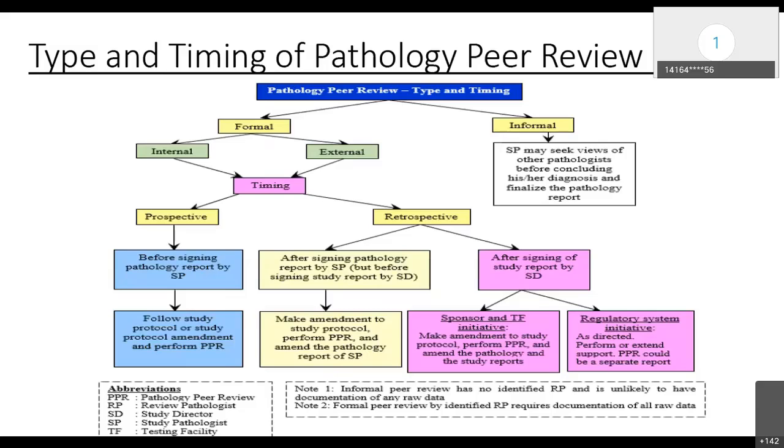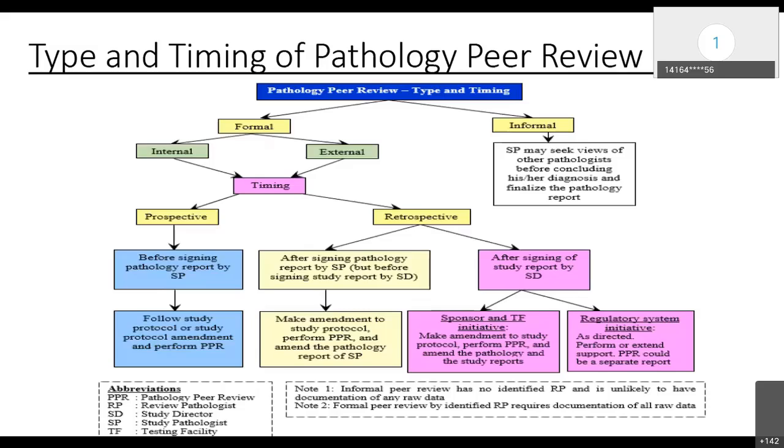And if we are in agreement, then it's an informal way, so we need not go to the formal way of pathology peer review. In the informal way, I can just take the opinion of another pathologist and finalize my diagnosis. But in the formal way, there are two ways: either you do it internally or externally.